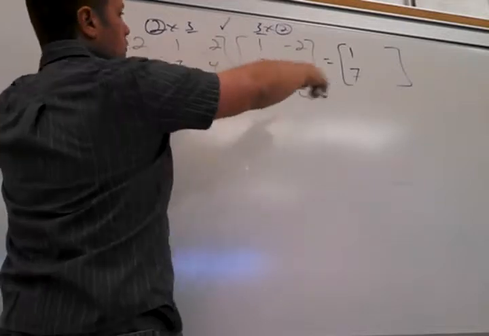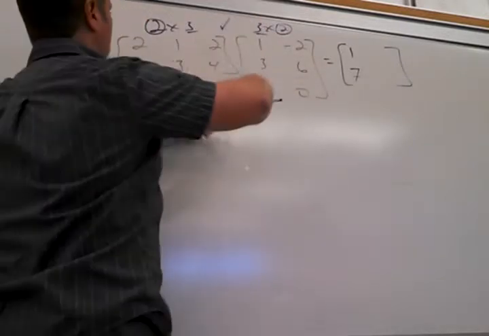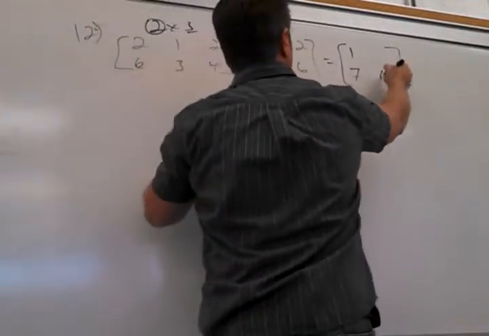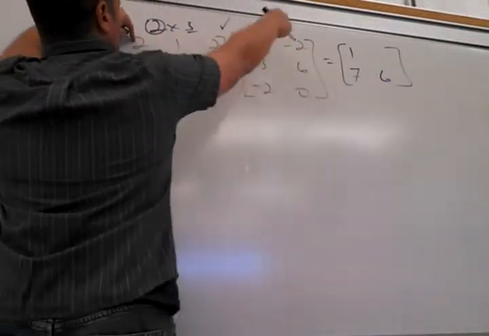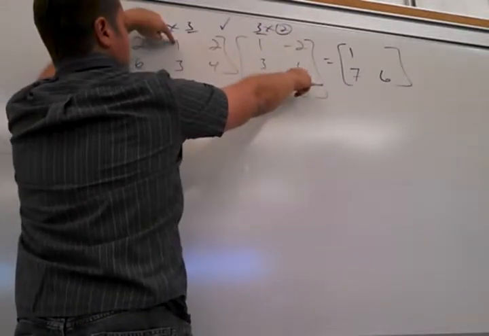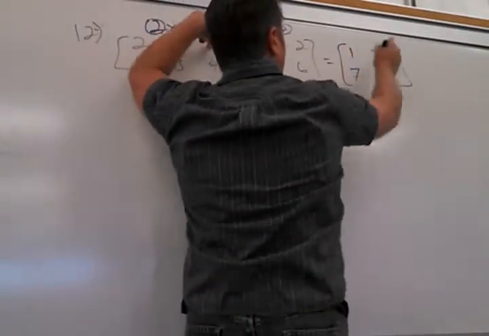I'm doing it in a counterclockwise motion. So negative 12 plus 18 is 6 plus 0, 6. And now I can do the first row, second column. I get negative 4 plus 6 is 2. Good.